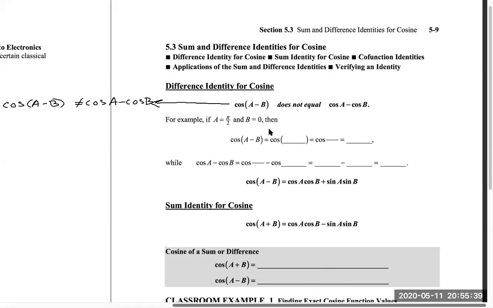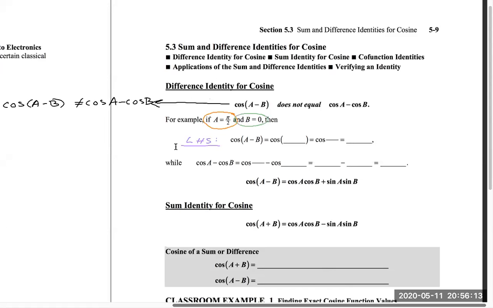So we actually have an example here of this that kind of helps us to see what happens. If we have A as pi over 2 radians, and we have B as 0 radians, then we want to double check, what does cosine of A minus B come out to? So this is going to be our left-hand side here.